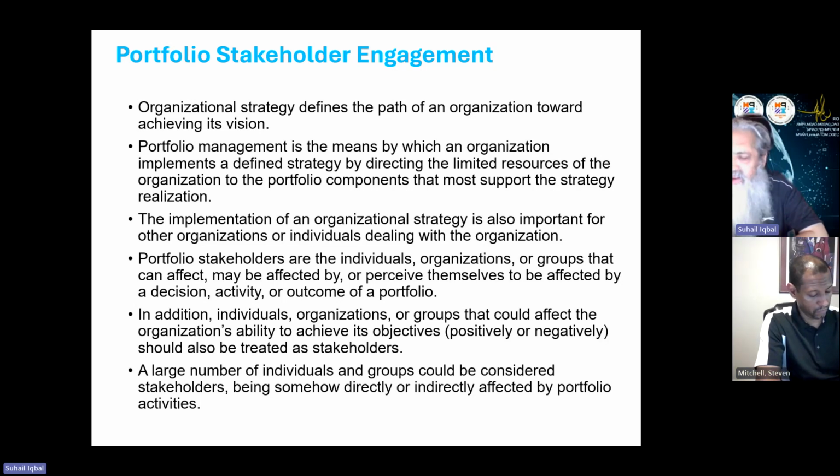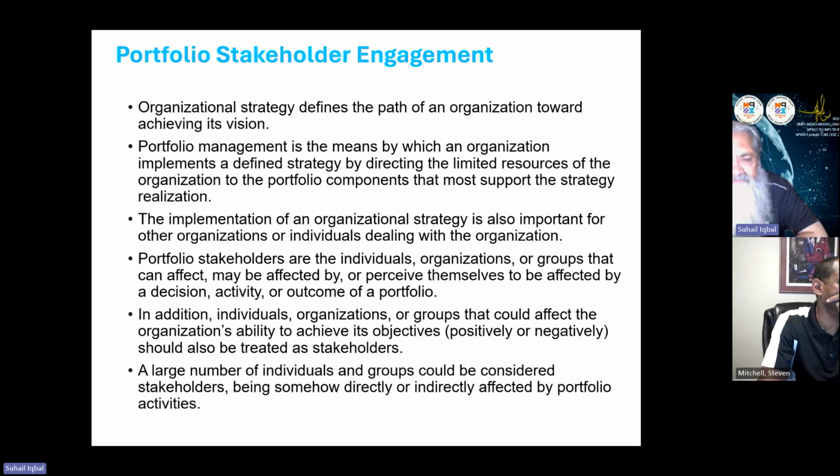I am trying to create a justification that anybody who is dealing with my organization and needs to understand my organization strategy is my stakeholder. Hope you understand my point. Yes. Anyone who is interested in dealing with my organization has to understand how we implement our organization strategy, and therefore they become our stakeholder.